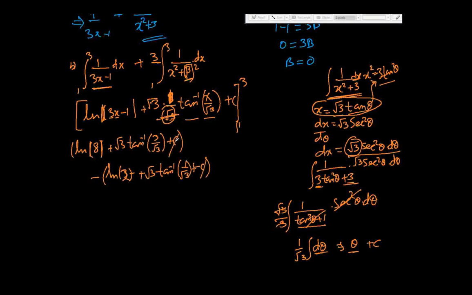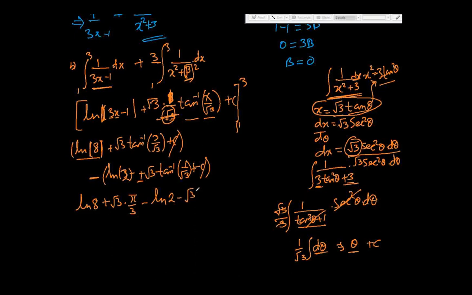C is cancelled first. Now let's open len 8 plus square root 3, tan inverse 3 over square root 3 is square root 3, so pi by 3. Now minus len 2, then minus, because of this minus, this will also become minus square root 3.